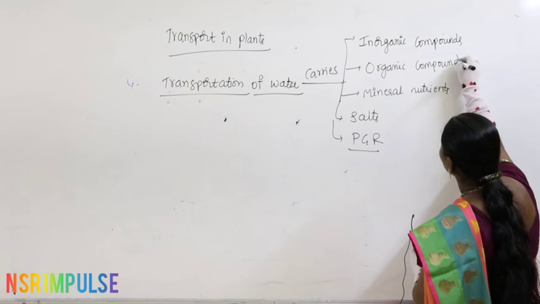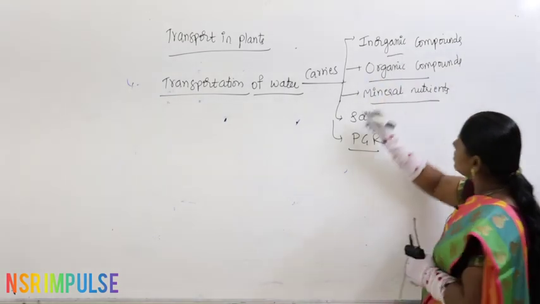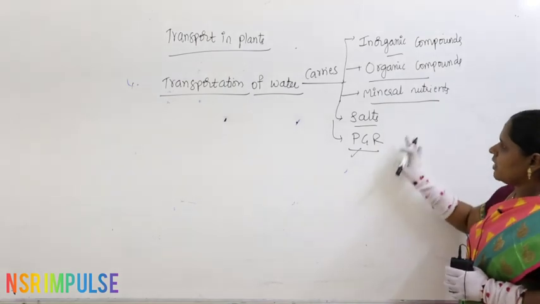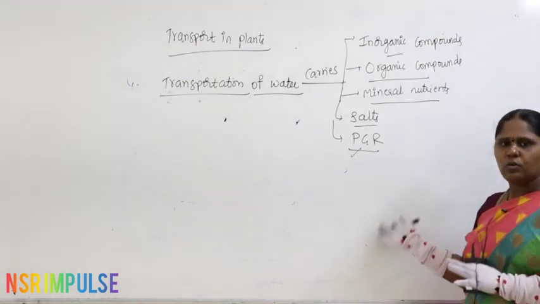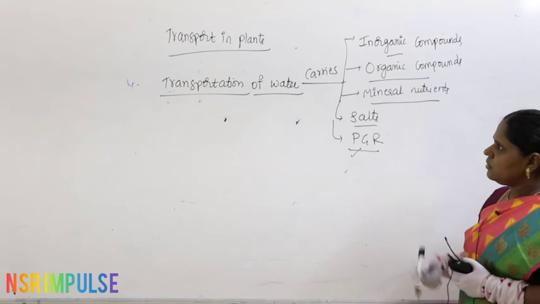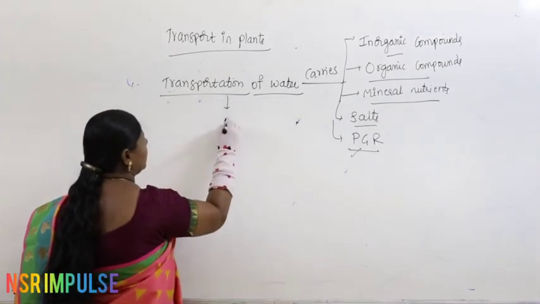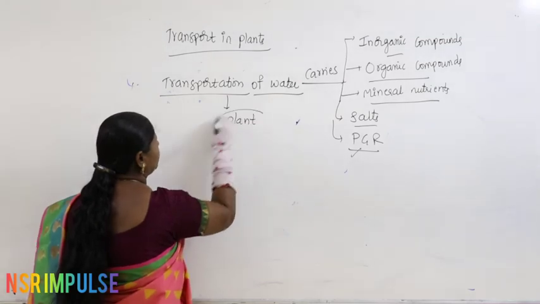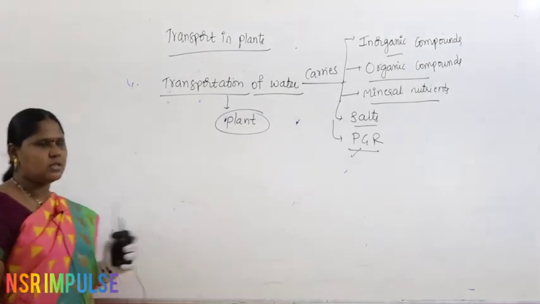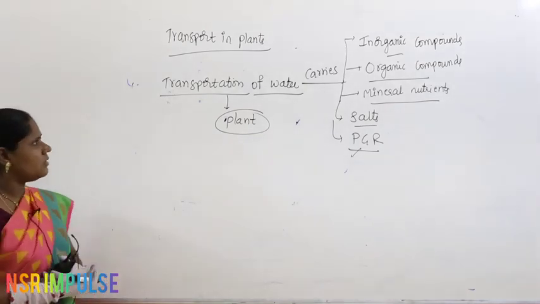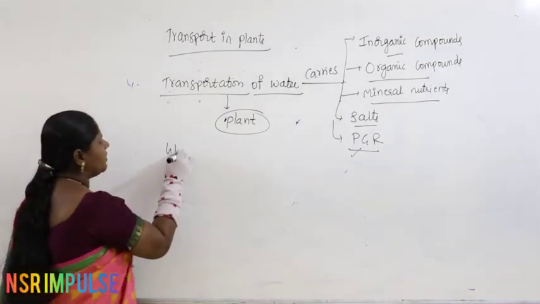Along with that, you can take mineral nutrients, salts and plant growth regulators, which will get transported from one place to another. Where is this transportation of water occurring? Within the plant.